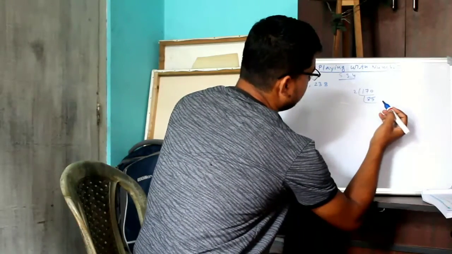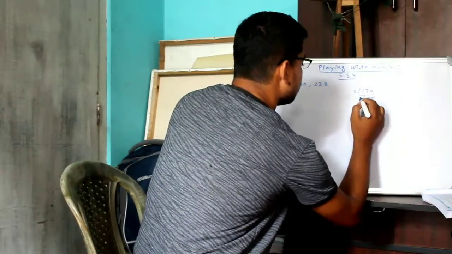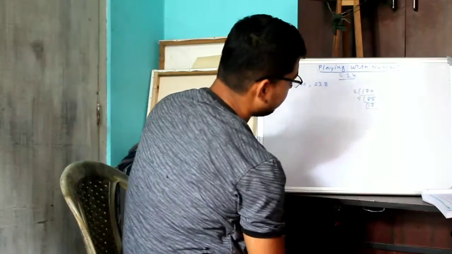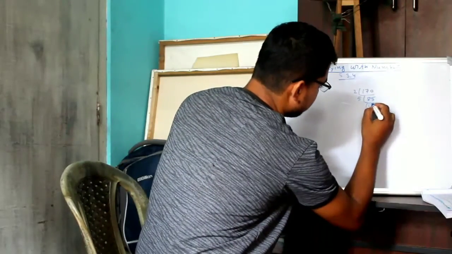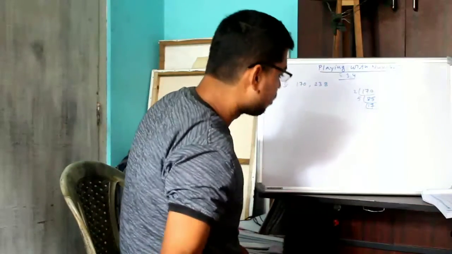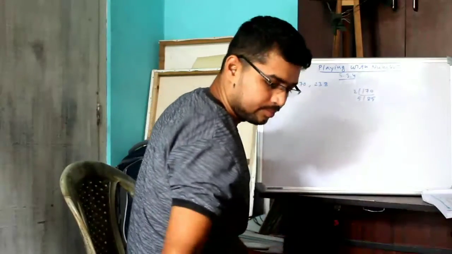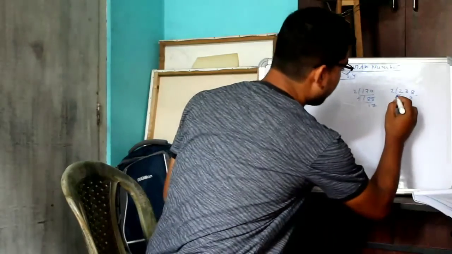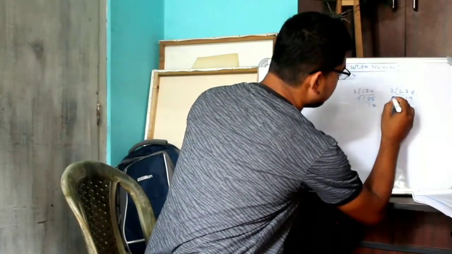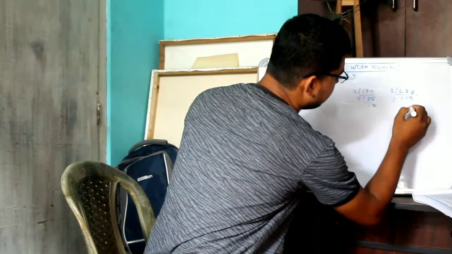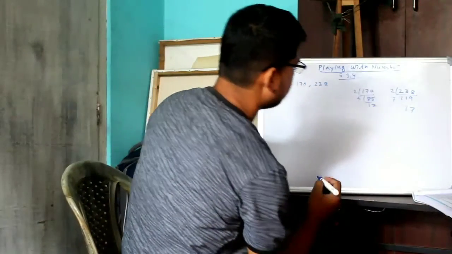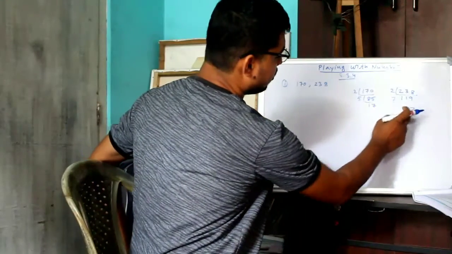Then 5, 17. 238 is divisible by 2, then 119, which is divisible by 7, giving 17.